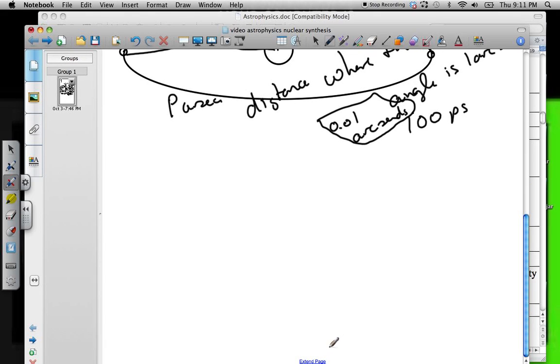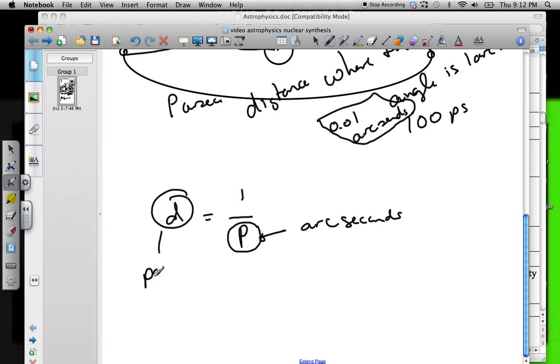It's not difficult to use, because we have this P: 1 over P is equal to D, and if you just put this value in arc seconds, your D will come out in parsecs, and you need to be able to convert your parsecs into astronomical units or light years. All right, thank you very much. I hope that makes some sort of sense.